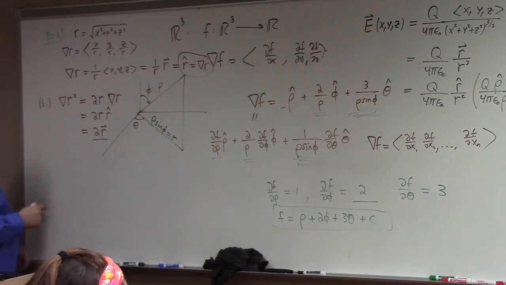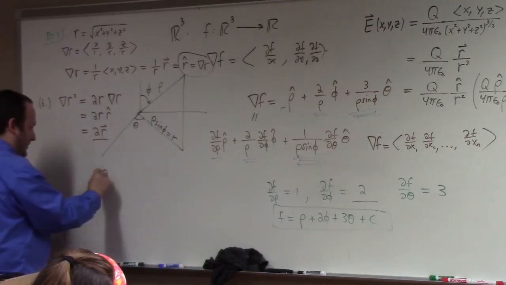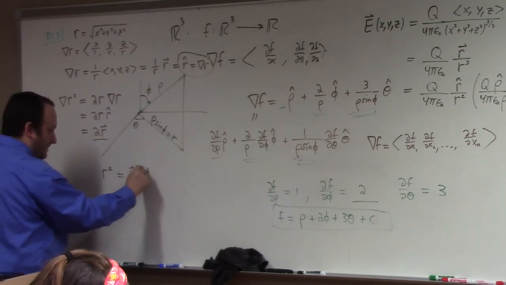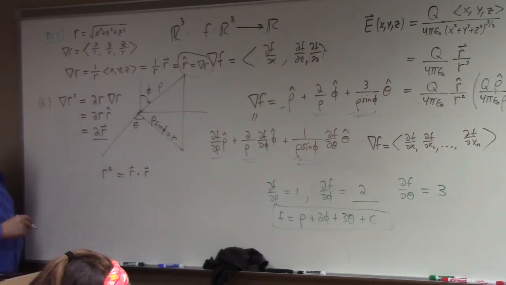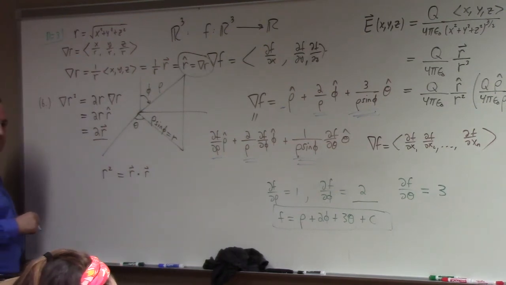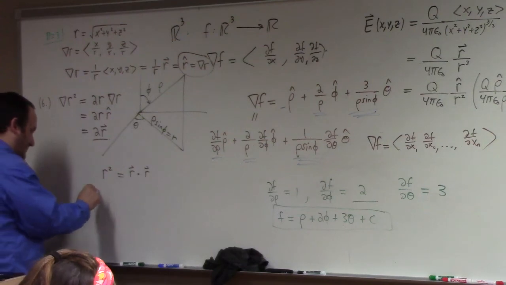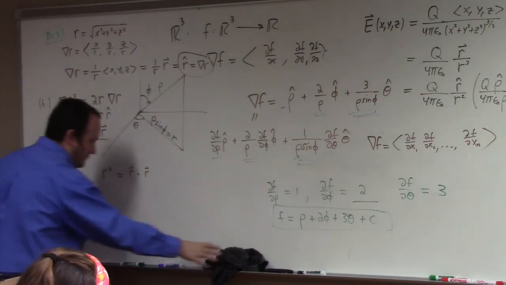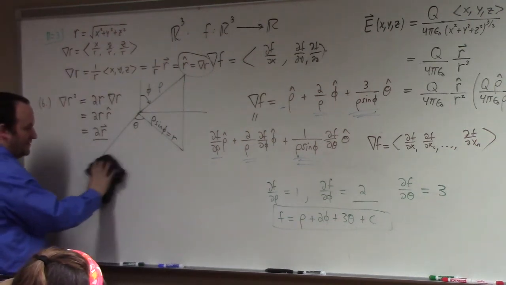So you don't like that. You're like, I don't like that. That's not a good way to do it. How about this? R squared is r dot r, right? What happens when you calculate the gradient of r dot r? You could prove that, well, let me shut up. I don't have so much time. I have other thoughts. They don't matter.